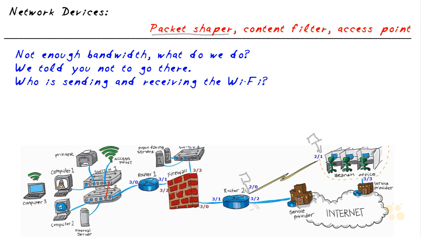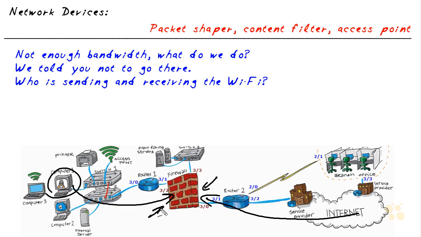In our nugget on the firewall, we touched on several things that a firewall can do, including stopping traffic. For example, stopping traffic that's coming in from the outside that shouldn't be allowed in, as well as stopping certain types of traffic from going out, including personally identifiable information, such as social security numbers.